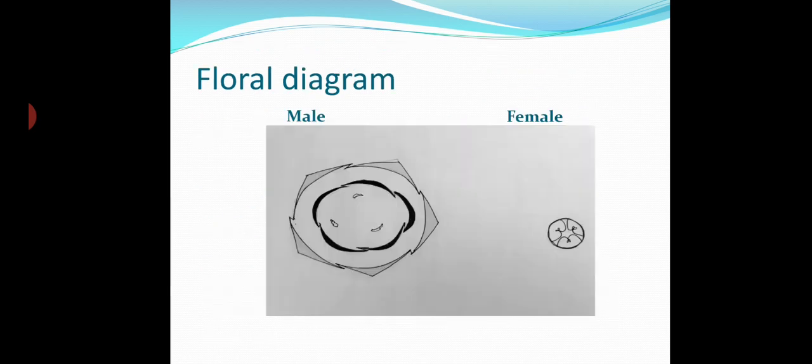Then we can see the floral diagram. Floral diagrams are also same in male and female flowers except in reproductive whorls. That is, the calyx and corolla are same in both cases. Thus, the whorl in male flower is androecium.